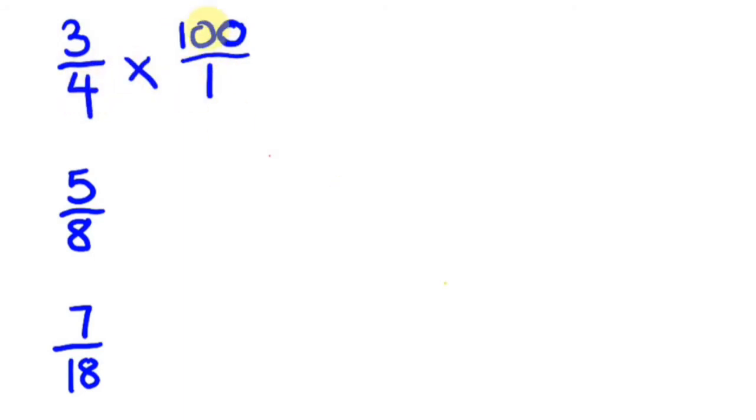When we check, you look at 4, you look at 100, and you see that 4 can divide 100. When we do that, we get 25. So we simply multiply the numerators and the denominators. We get 3 times 25, that is 75 over 1.